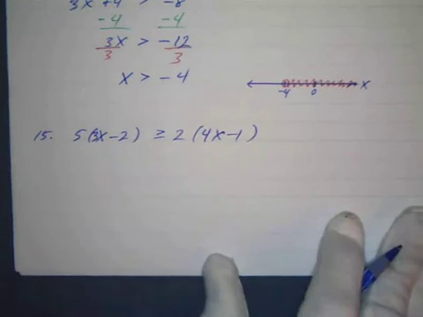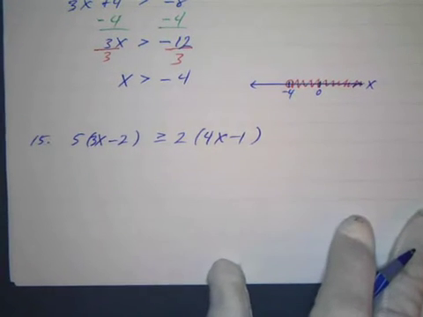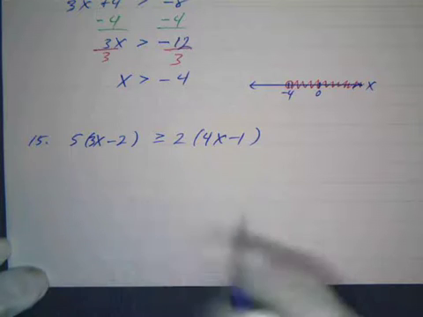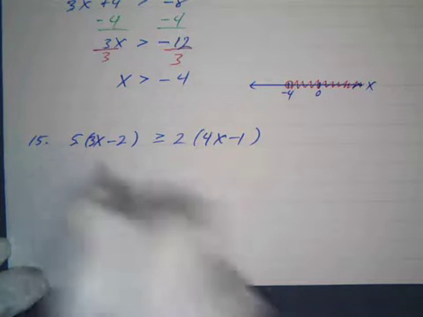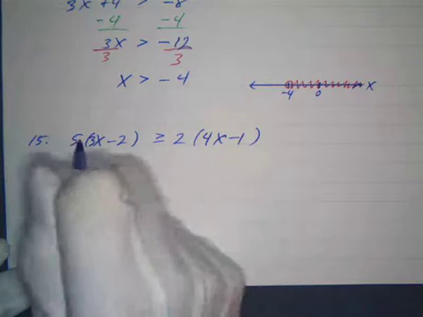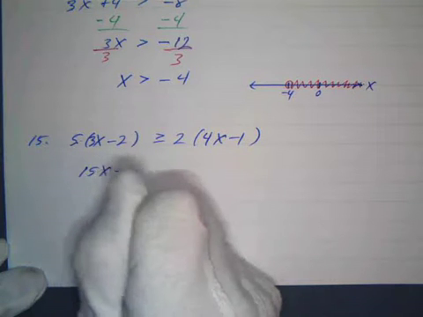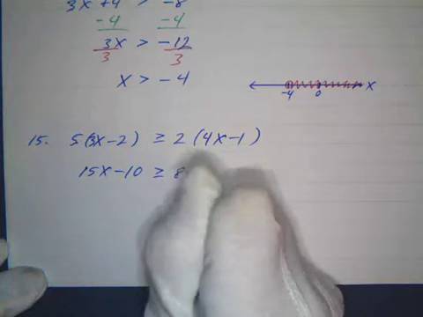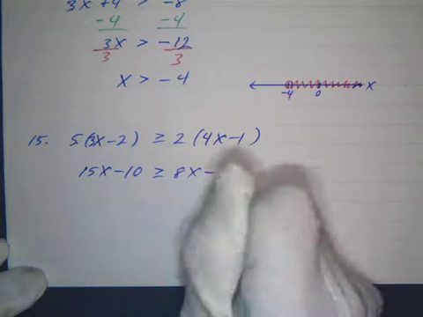The only difference between these and equations is when we multiply or divide by a negative number. So I'll remove my parentheses first using the distributive property. 5 times 3 is 15x. 5 times negative 2 is negative 10. Is greater than or equal to 2 times 4 is 8x, minus 2 times 1 is 2.